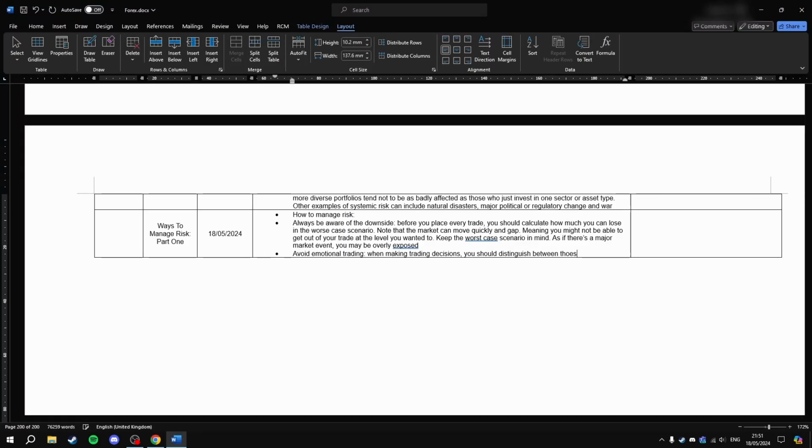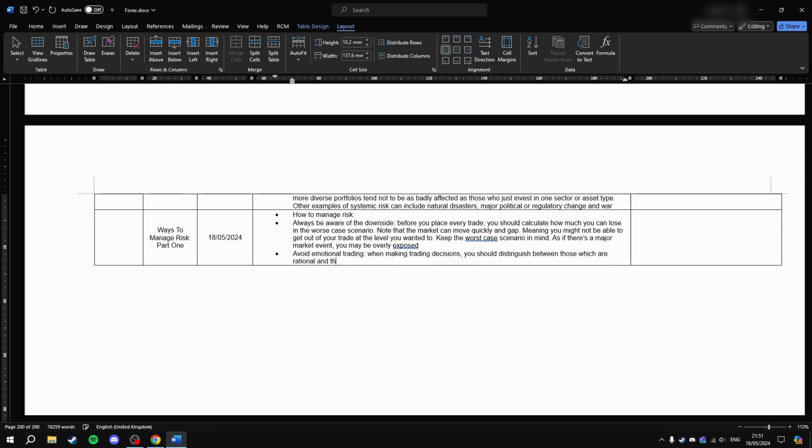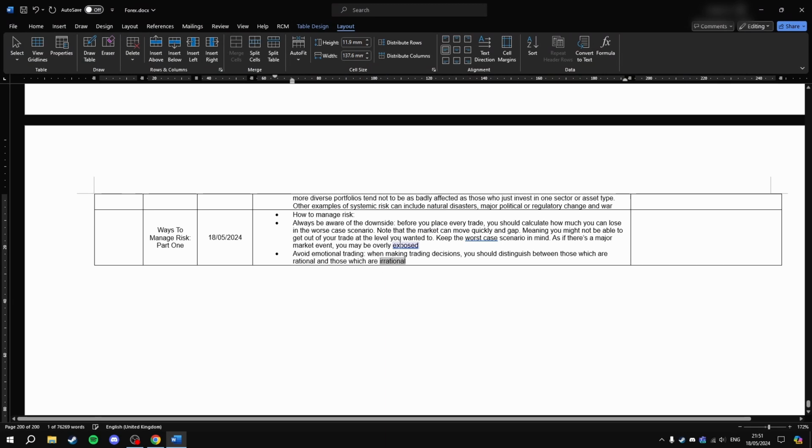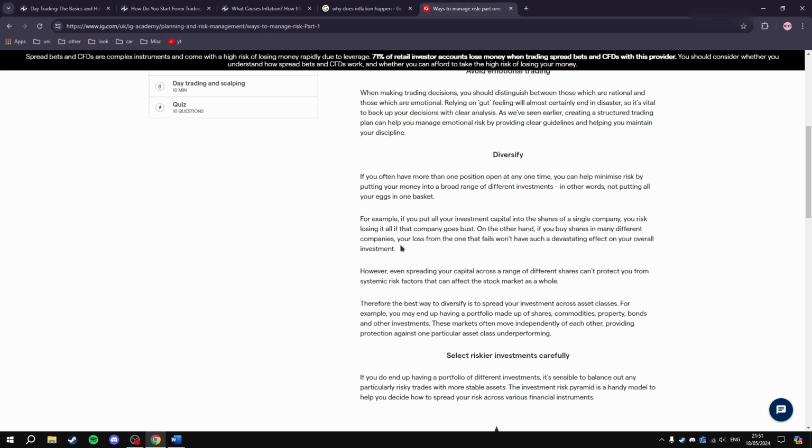Relying on a gut feeling will almost certainly end in disaster. So it's vital to back up your decisions with clear analysis. As we've seen earlier, creating a structured trading plan can help you manage emotional risk by providing clear guidelines and helping you maintain your discipline.